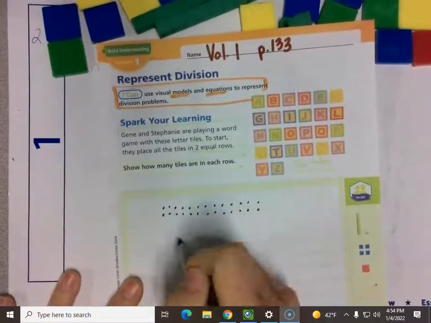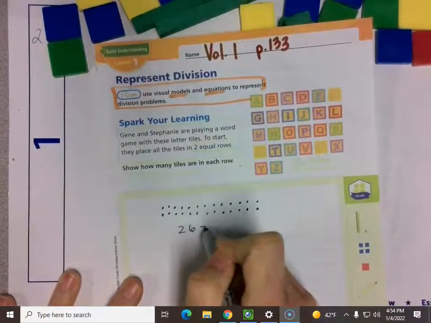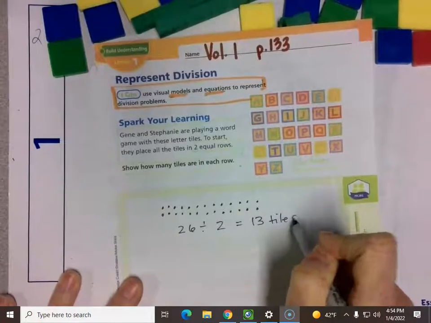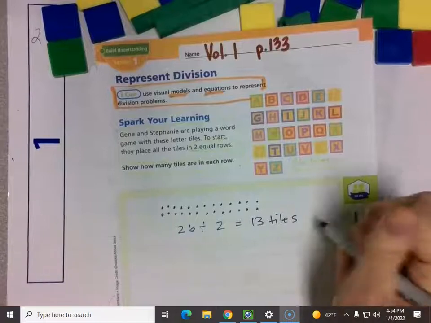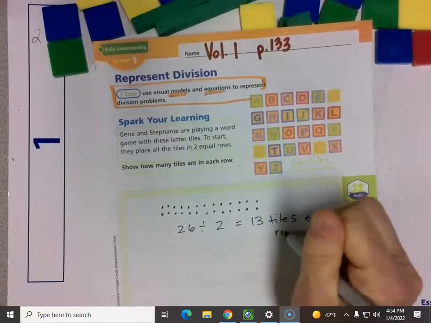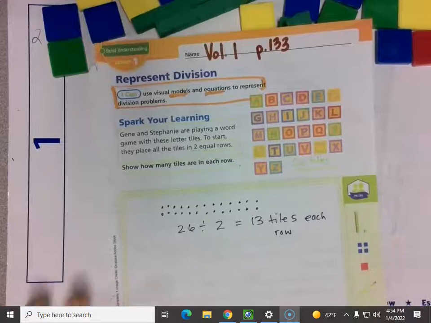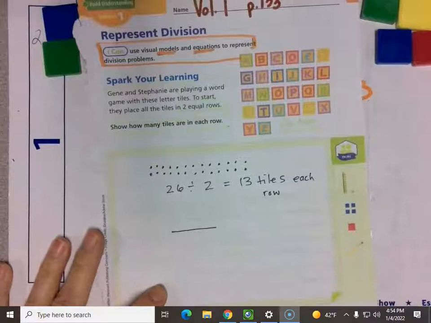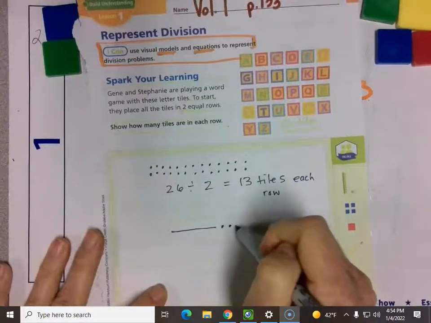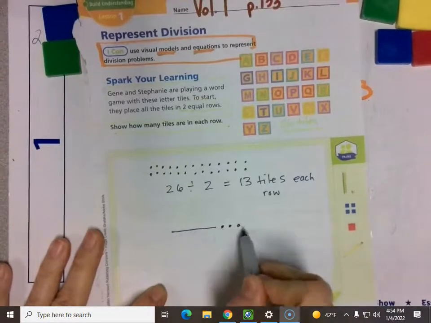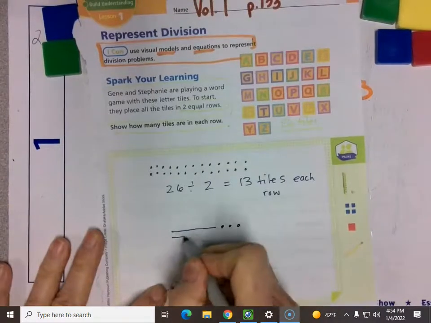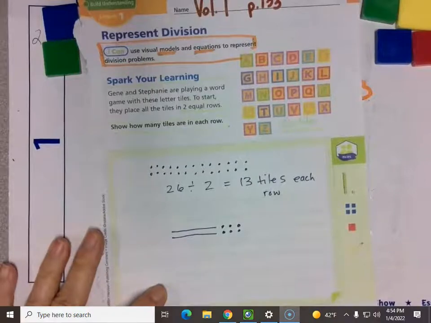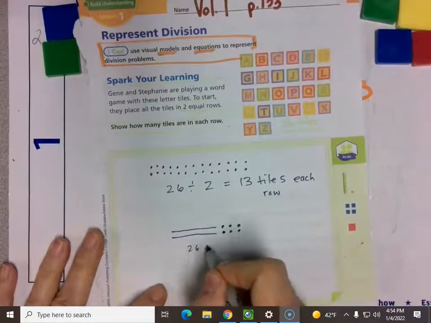I'm going to have 13 tiles in each row. 26 divided into 2 rows is going to be 13 tiles in each row. Or I can draw my base 10 blocks using a quick picture. Remember, the long is represented by a line, and the units are represented by little dots. So there is 10 plus 3, that's 13. 10 plus 3, that's 13. And I know 26 divided by 2 is 13.